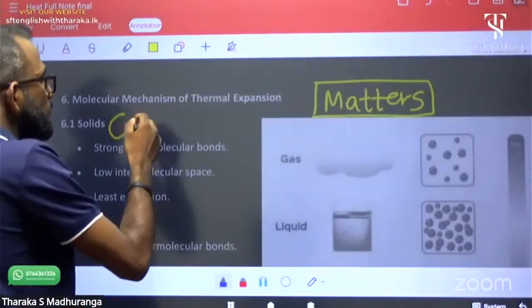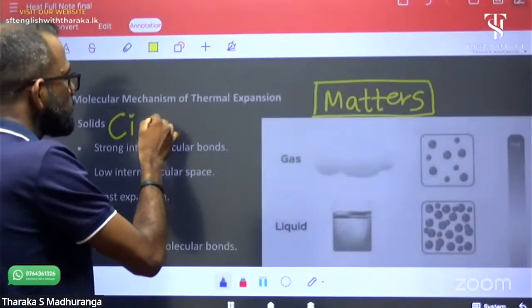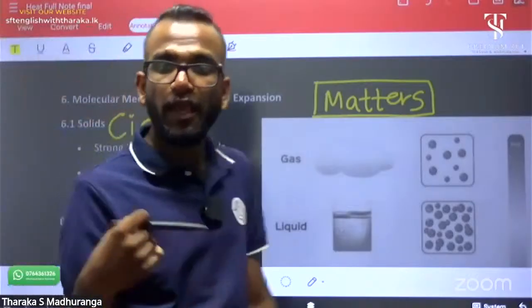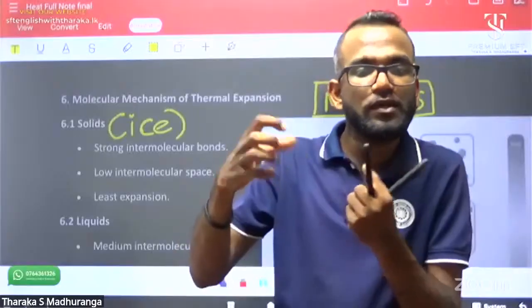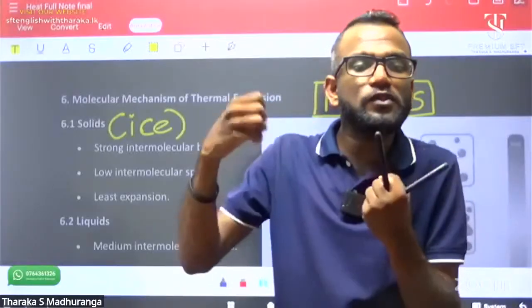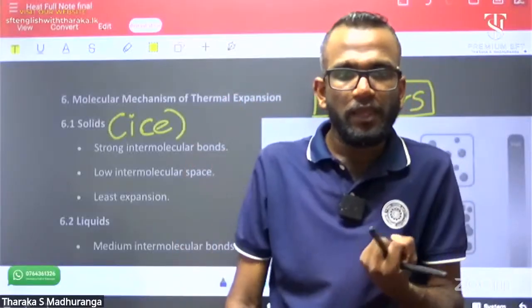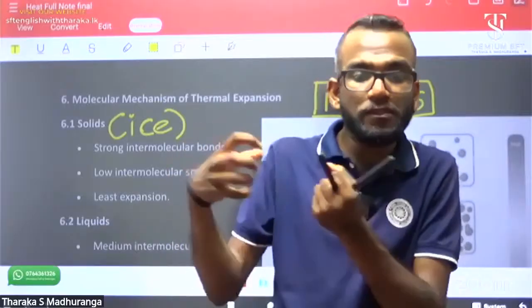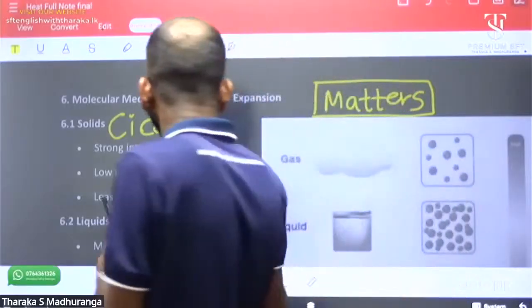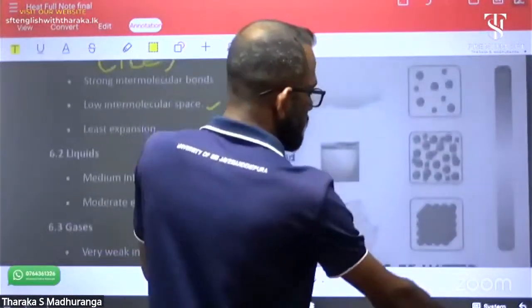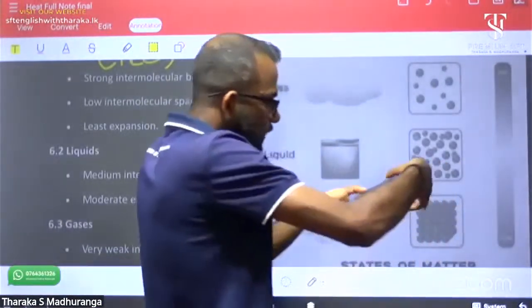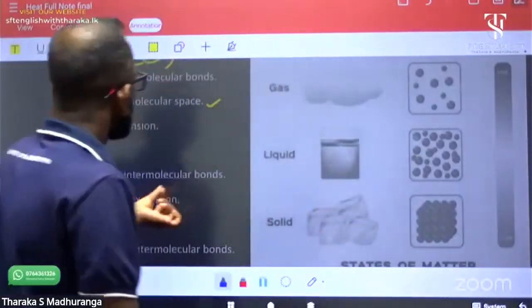If you take water, the ice stage has very compacted molecules, huge and more strong intermolecular bonds, and low intermolecular space. You can see here, very low intermolecular space. They are highly compacted.